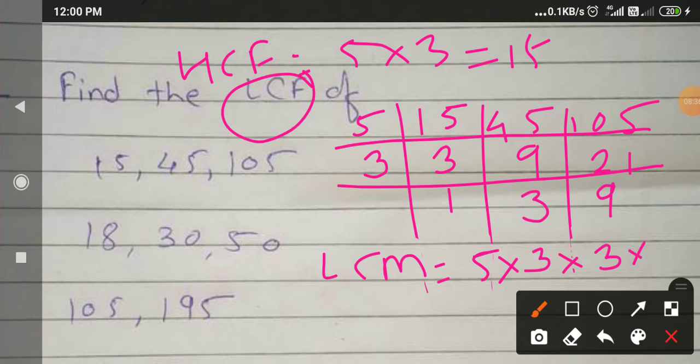So 3 into 9, and when you do the multiplication of all this, you will get the required answer. So here if you do the multiplication, you find 81 into 5. 81, 5 1s are 5, 5 8s are 40. So 405 is the LCM of these numbers.